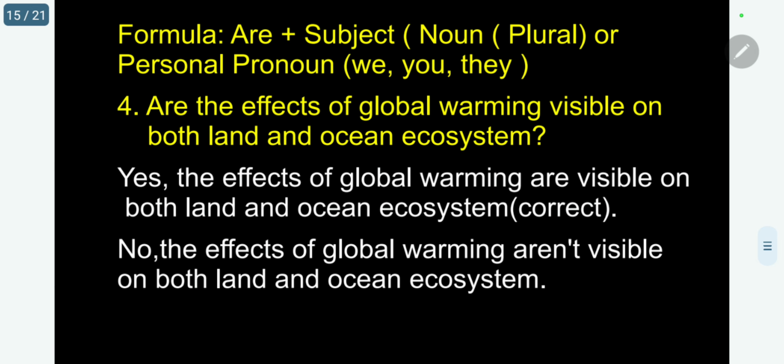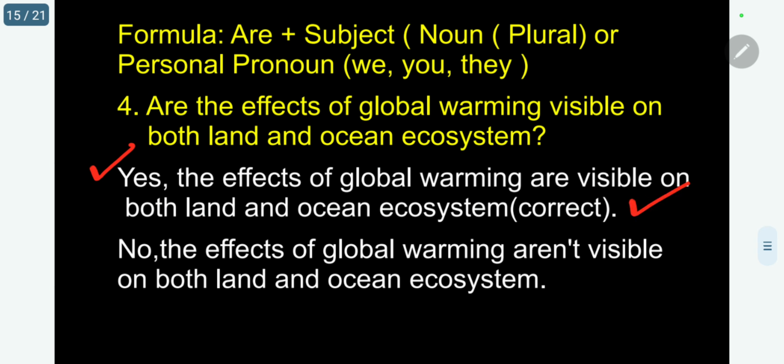Are the effects of global warming visible on both land and ocean ecosystems? This is the question. If the answer is yes, the effects of global warming are visible on both land and ocean ecosystems.